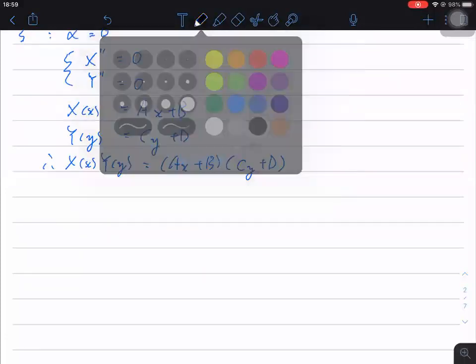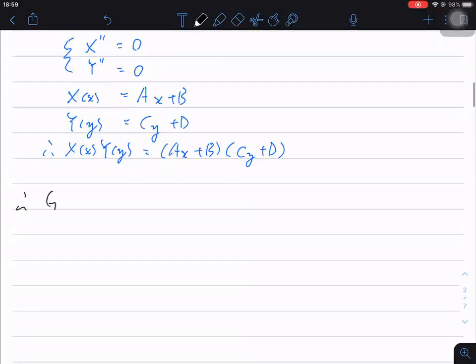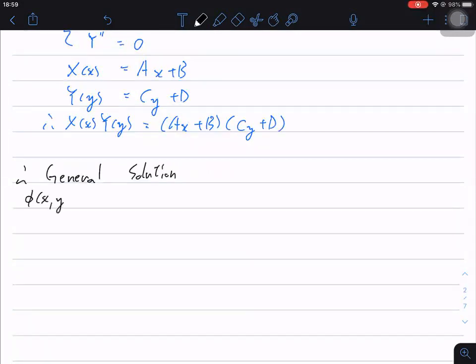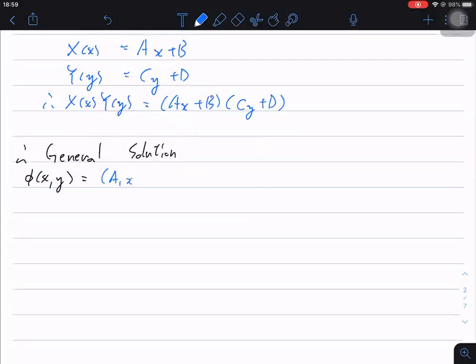Okay, now to write down the most general solution, we have to combine the solution of the previous 3 cases. So we have to do a linear combination. So for the general solution, phi of xy equals, so first let's write down alpha equal to 0, we have both x and y being a linear function.